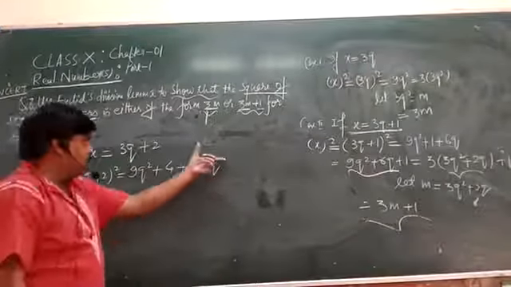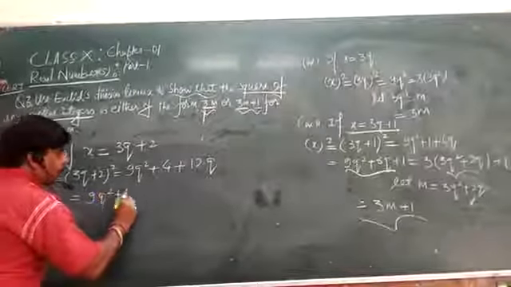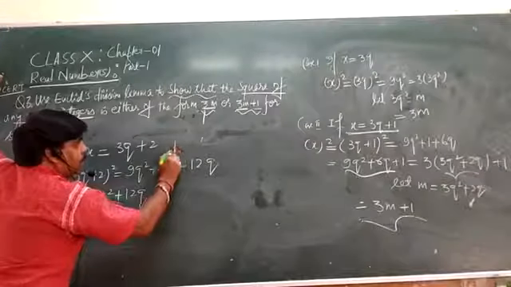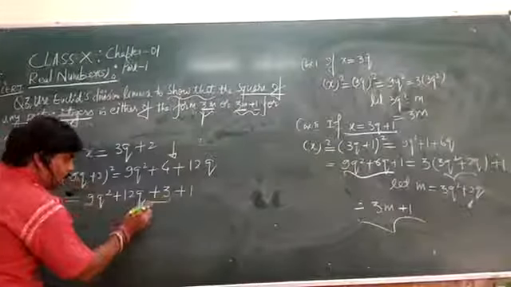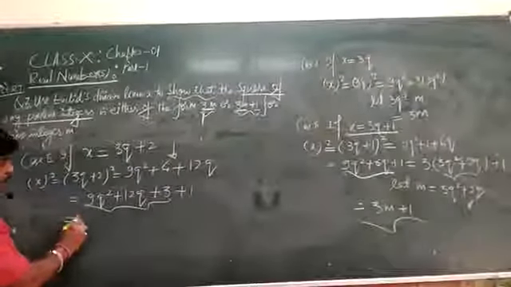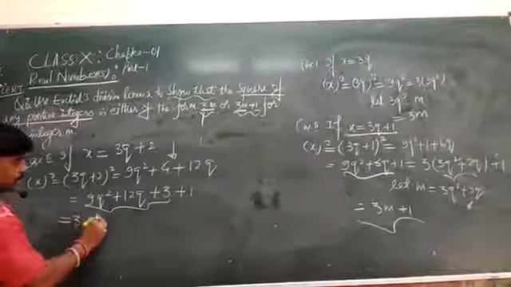So this can be written as 9q square plus 12q plus 4, and 4 can be written as 3 plus 1. From the first three terms you can take 3 common, so you will get 3 times 3q square plus 4q plus 1, and this plus 1. Let 3q square plus 4q plus 1 be equal to m. So this is equal to 3m plus 1.